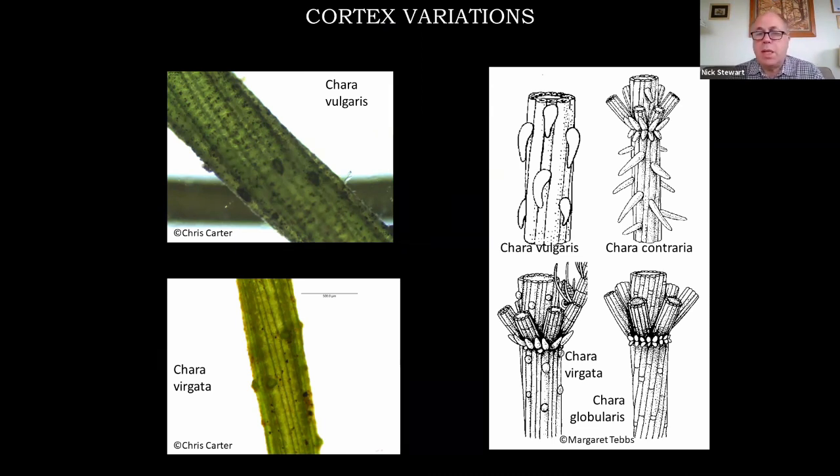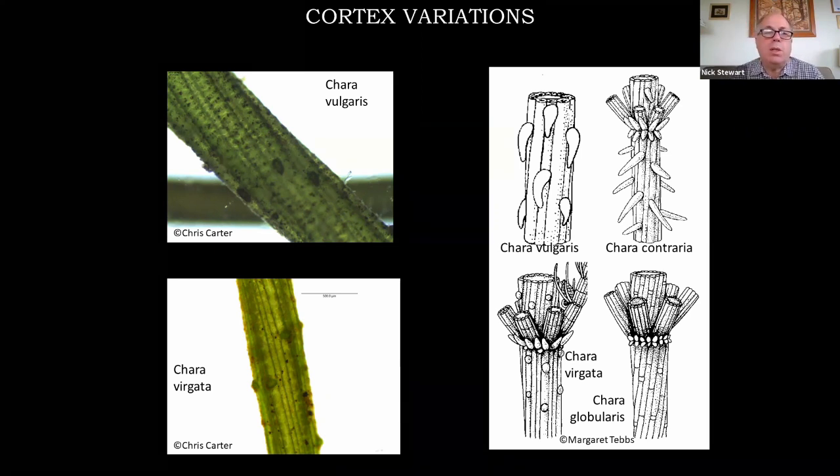I think it's much better to look at the spine development as a first step, and only then, because this is not a character that you can really do in the field. You can with practice, I can often do them in the field, but particularly to start with, you'll need to bring them back and look at them under a viewing microscope to have a clearer view.